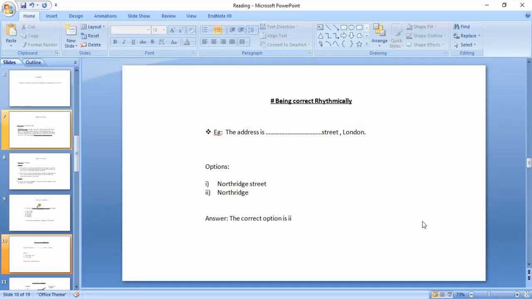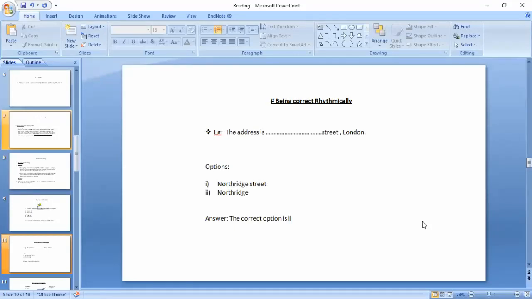Okay? And now the options you have are number one, North Ridge Street, and number two, North Ridge. And the answer that is correct is number two, that is North Ridge.